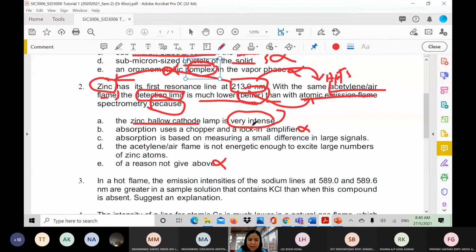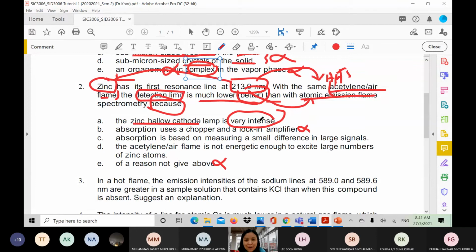So the difference for AAS, the hollow cathode lamp and also the electrodeless discharge lamp, is because this electrodeless discharge lamp is meant for excitation of those highly volatile elements. So that's why we have two options. It's not about the intensity or very high energy of the light source. It wouldn't make much difference for AAS.